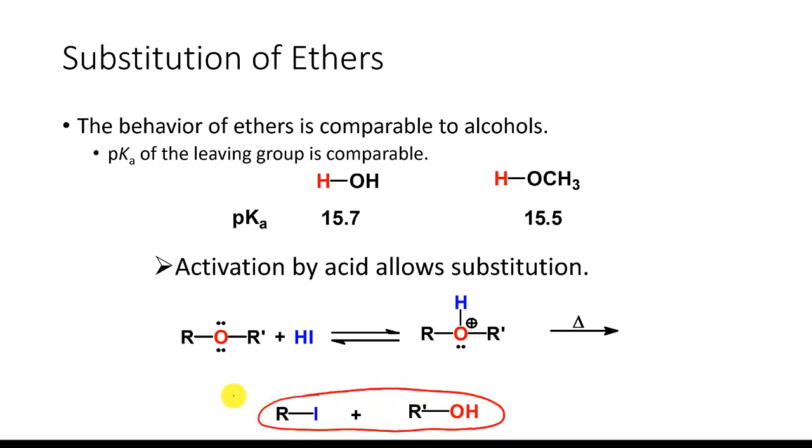One of them will be the alkyl halide, and the other one will typically be an alcohol that comes from the oxygen originally in the ether. So for example, here's the oxygen of an ether. The alkyl groups are designated as R and R prime. You add the acid, it protonates, and then you get a substitution reaction which produces RI, an alkyl halide, and R'OH, an alcohol.